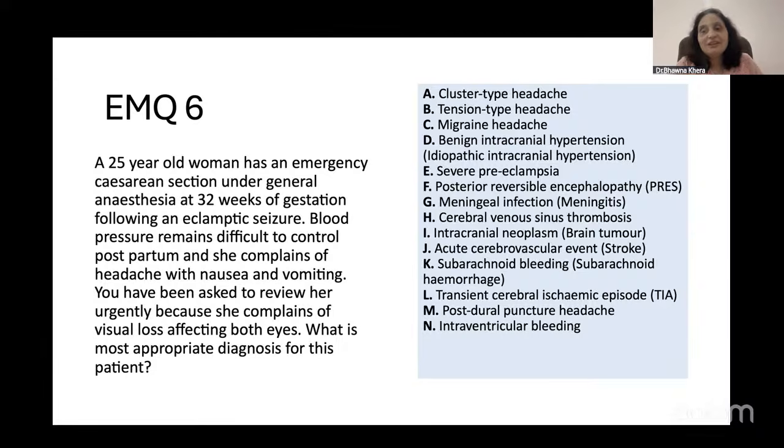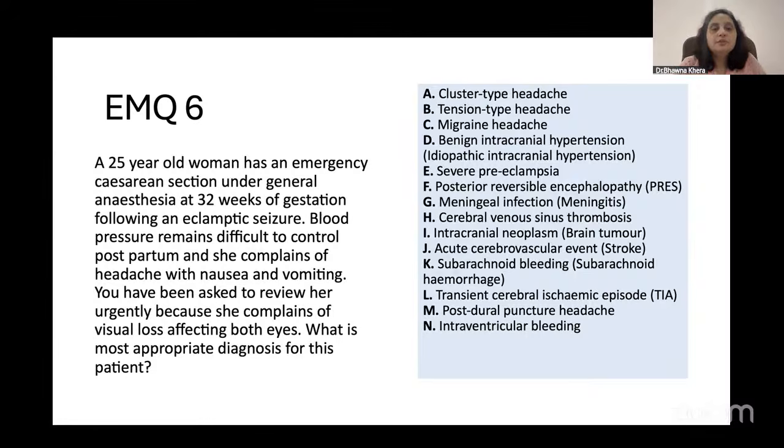This is posterior reversible encephalopathy syndrome. Now, what are the other confusions? In intraventricular bleed, the patient will have sudden unconsciousness, right? Very low score. And then there is J, which is acute cerebrovascular event.